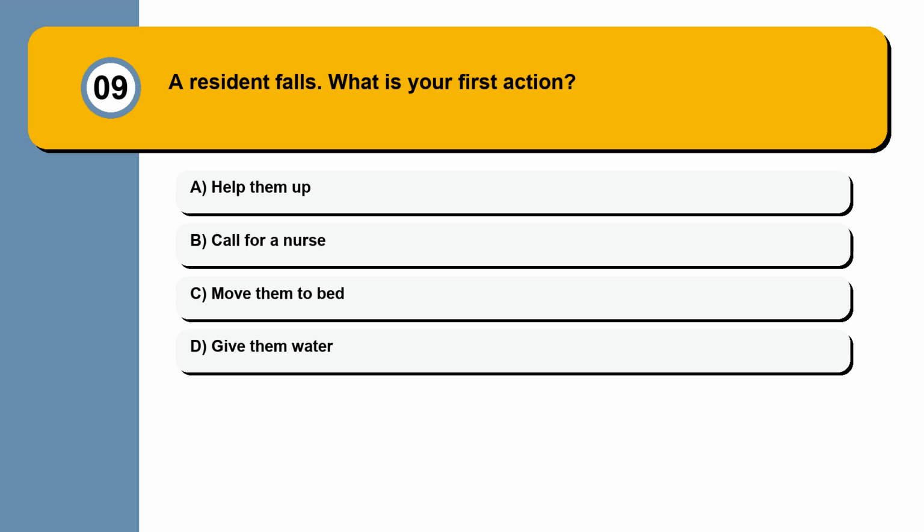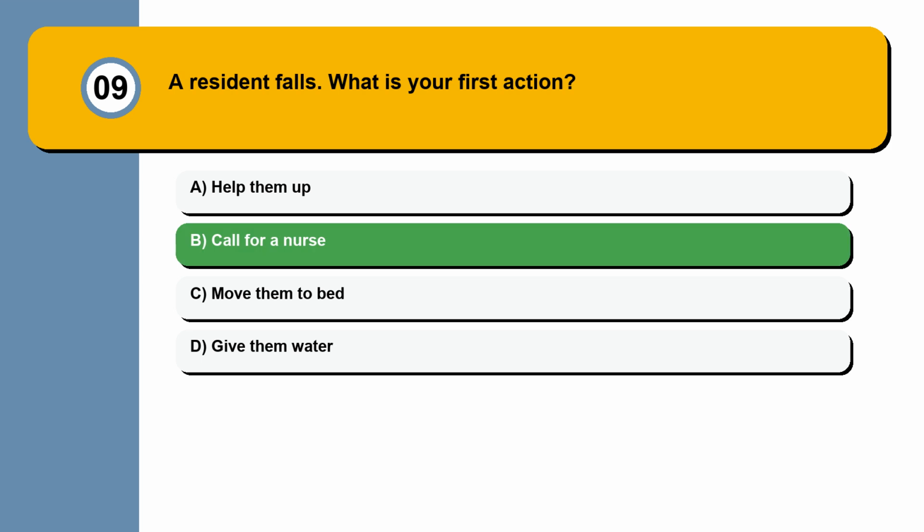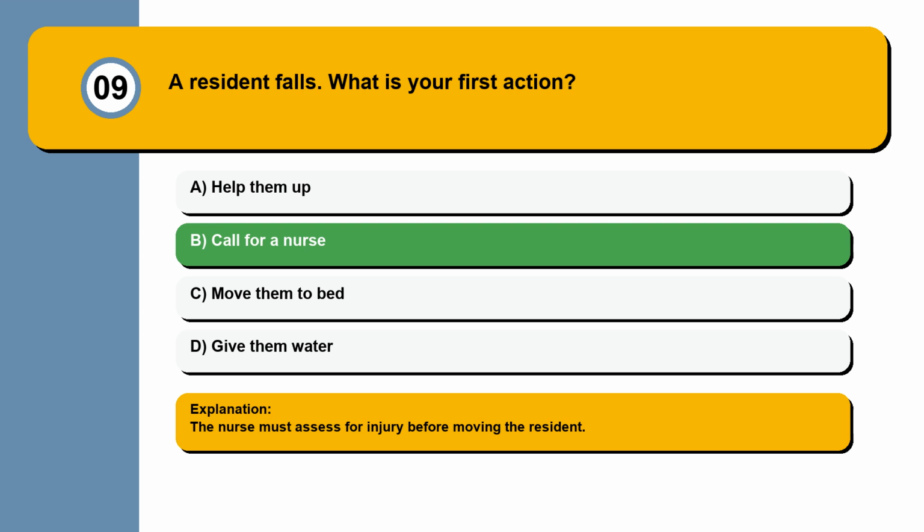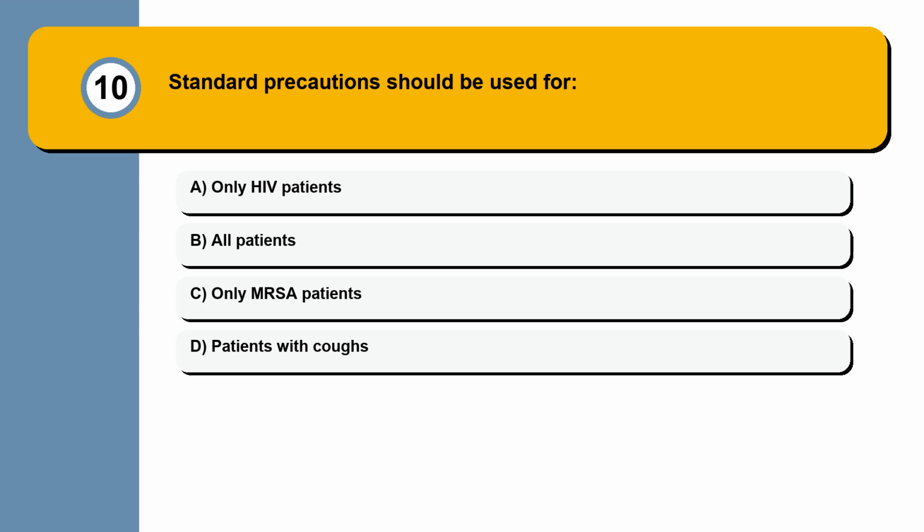Question 9. A resident falls. What is your first action? Help them up. Call for a nurse. Move them to bed. Give them water. The nurse must assess for injury before moving the resident. Question 10. Standard precautions should be used for only HIV patients, all patients, only MRSA patients, patients with coughs.